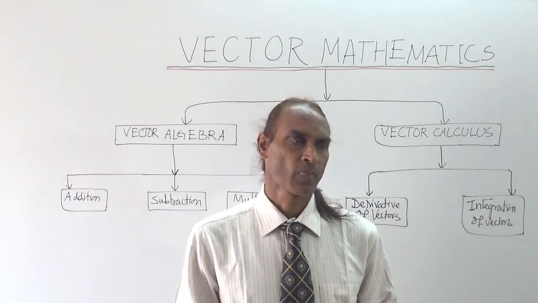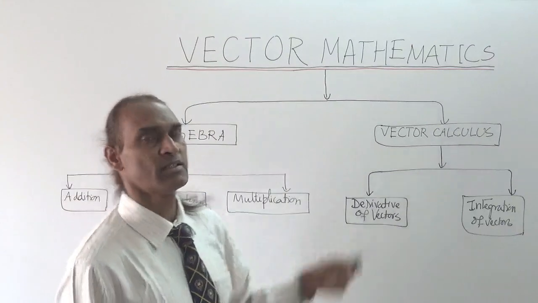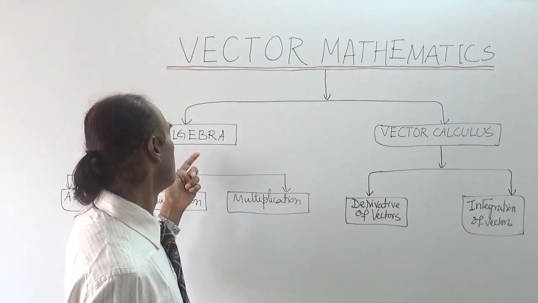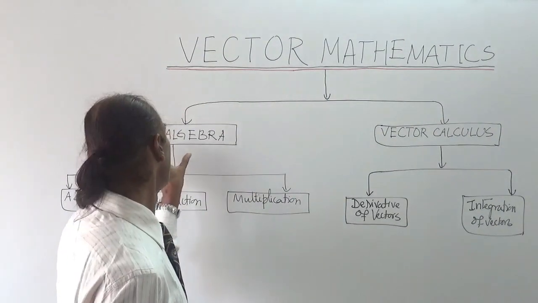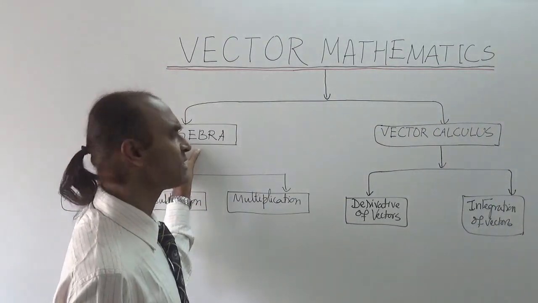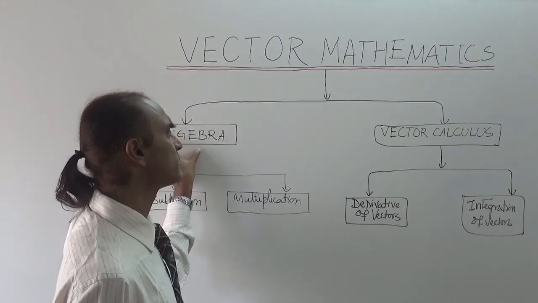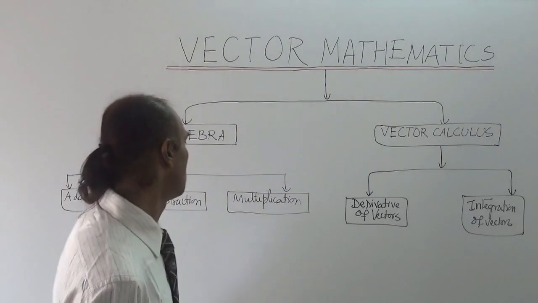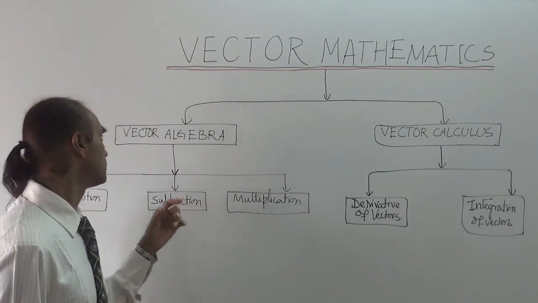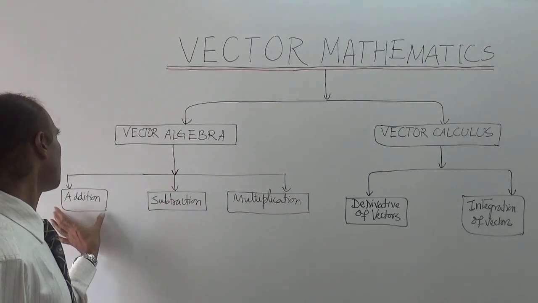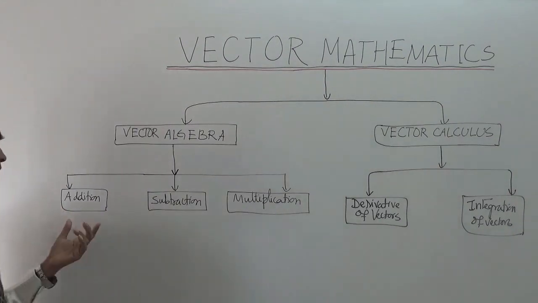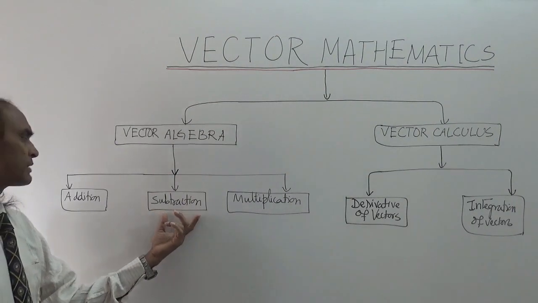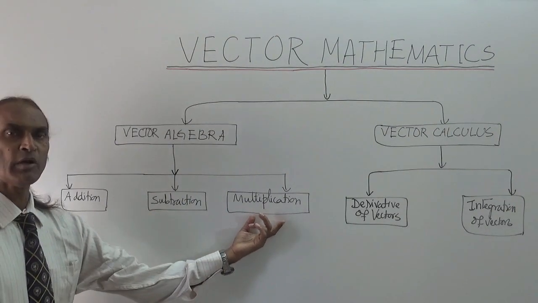Similarly, the mathematics of vectors is divided into two parts: algebra of vectors or vector algebra, and calculus of vectors or vector calculus. Like scalar algebra, algebra of vectors has addition, subtraction and multiplication.